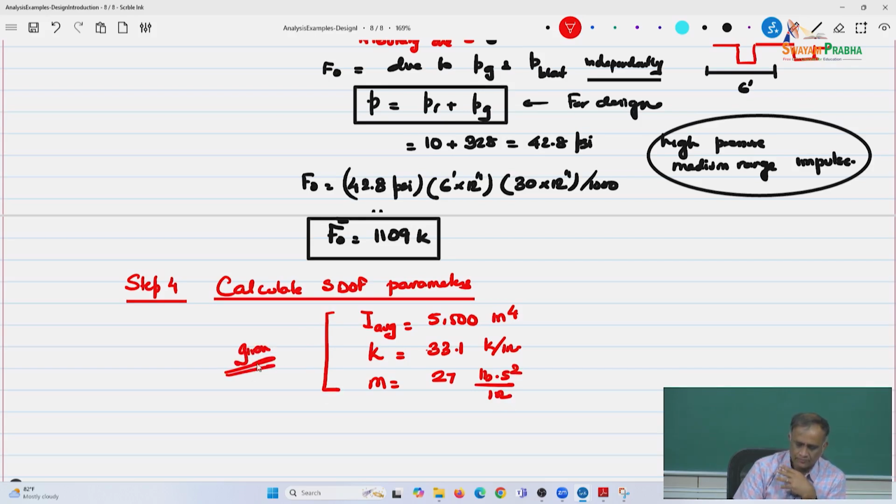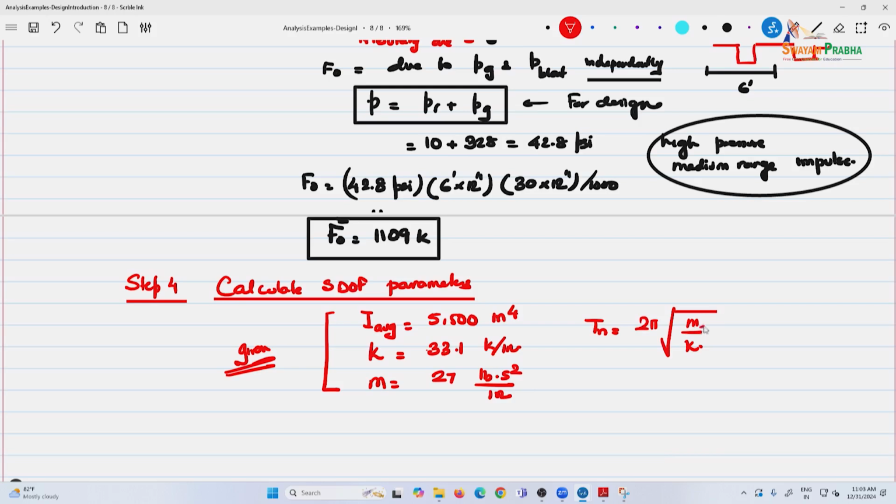You can calculate them also. And so Tn comes to, you can take mass effective, the KLM, to be 0.72. So this comes to 0.158 seconds.